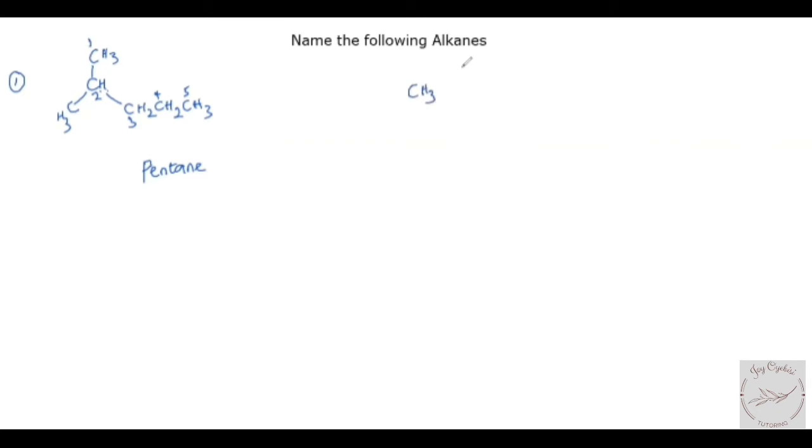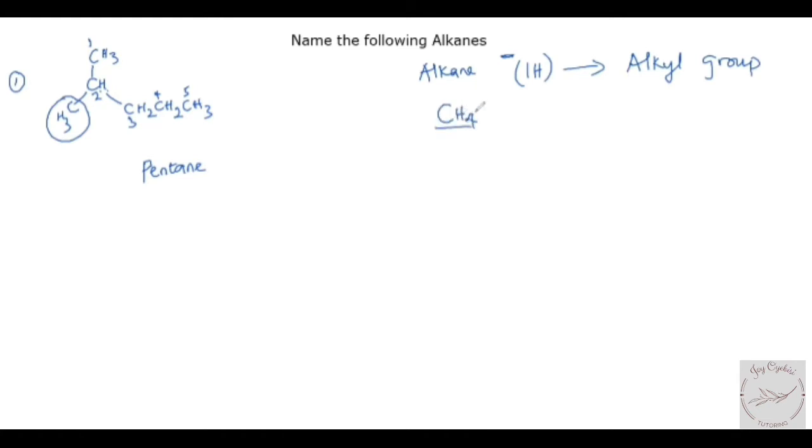Now let's note that when you see an alkane that is missing 1 hydrogen, it's called an alkyl group. So this CH3 here is a methane, which is supposed to be CH4, that has lost 1 hydrogen, and it will be called a methyl group.